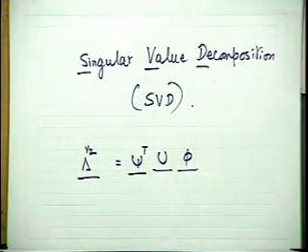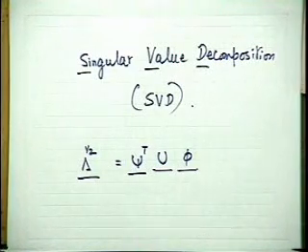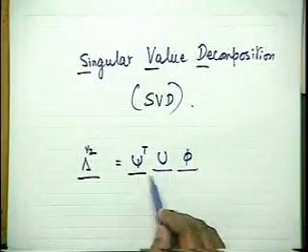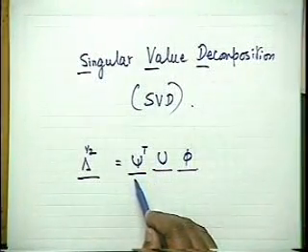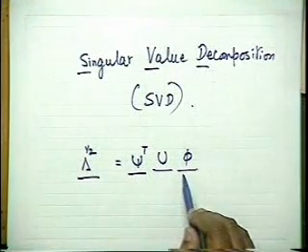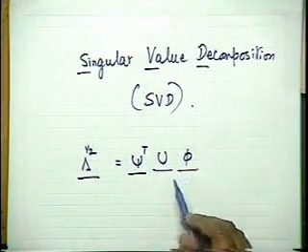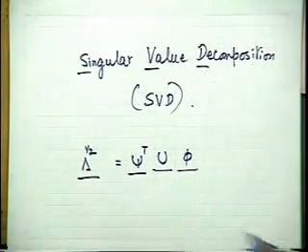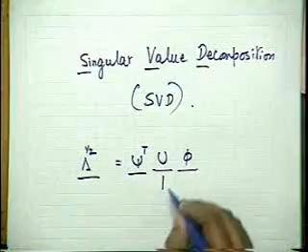That means if you are pre-multiplying the image matrix by psi transpose and post-multiplying by phi, then the entire image gets diagonalized, into size obviously R by R. The diagonal matrix is of size R by R, and it is very simple to see from here.